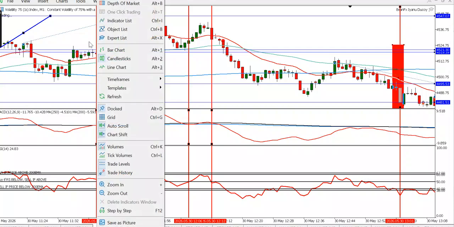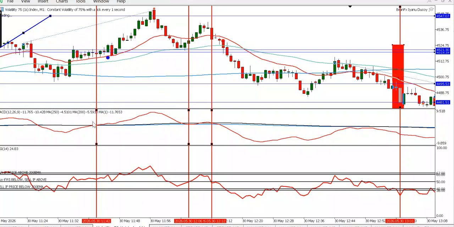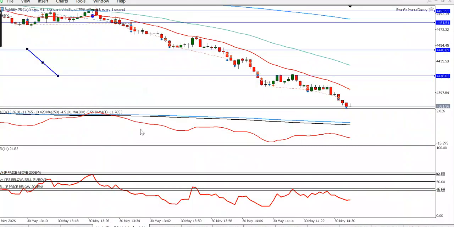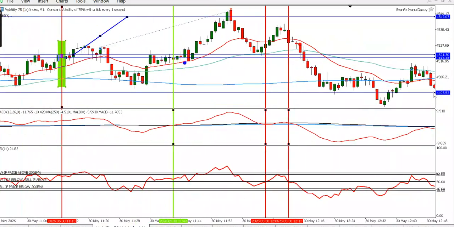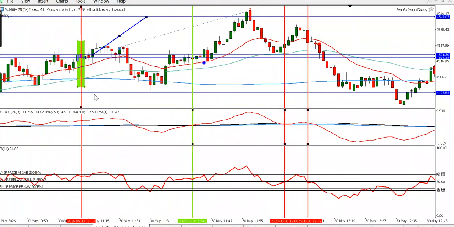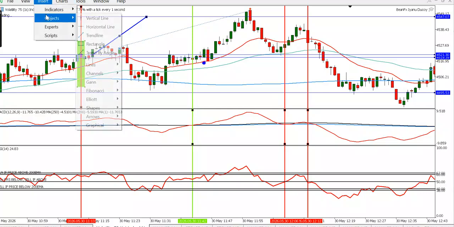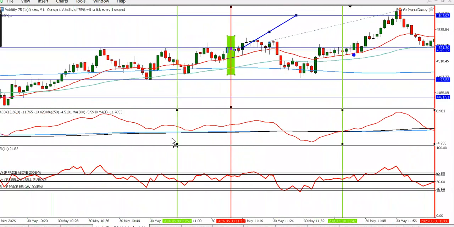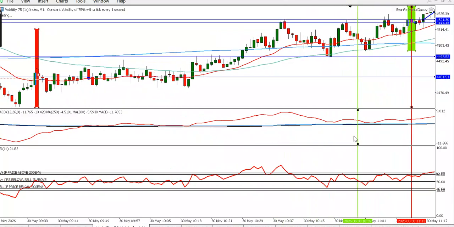Let's change the color to green for buy signal. Okay. This buy signal. And sell signal, let's change the color to red. Okay, this sell signal. Okay, let's just look for the next buy signal and place this here. This is a buy signal.